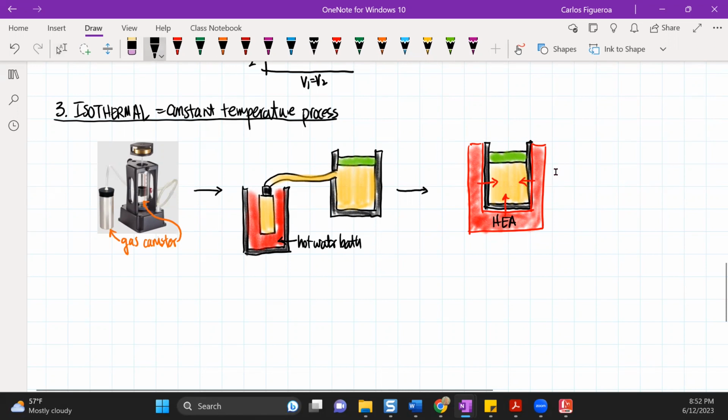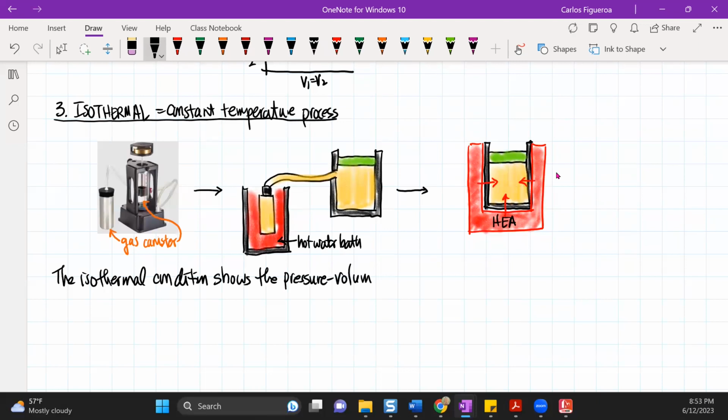So now that I'm talking about an isothermal condition, here's what we're seeing. The isothermal condition shows the pressure-volume product must remain constant. Okay, must remain constant.